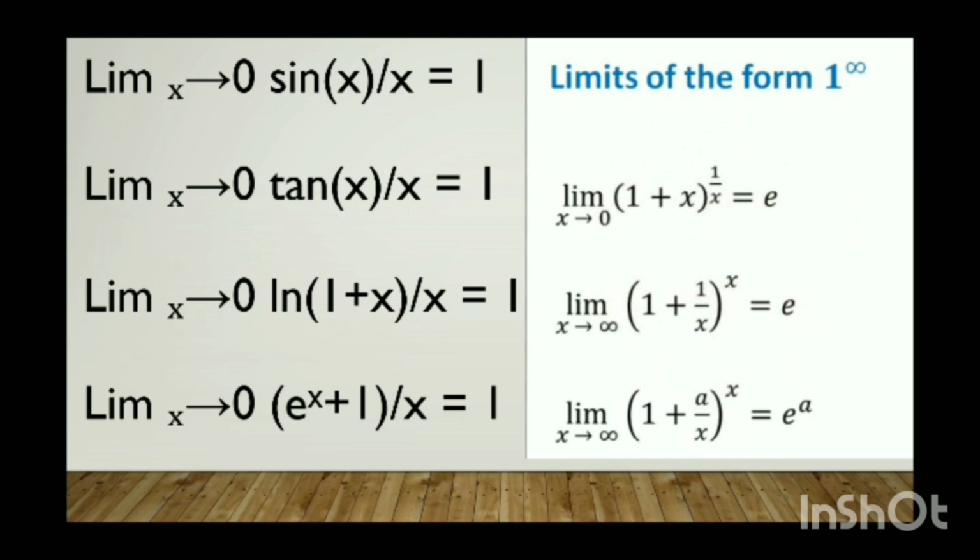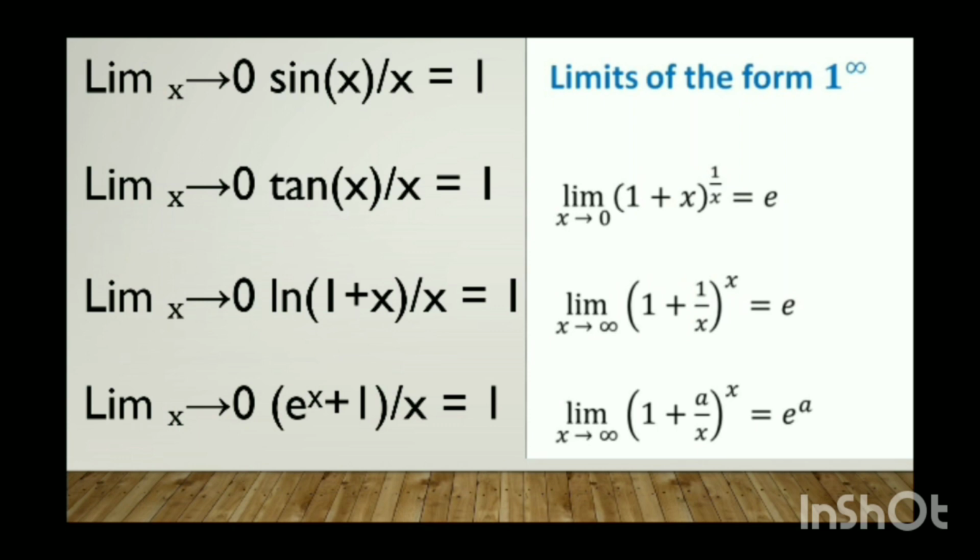Now the limits in the form of 1 raised to the power of infinity. We have the limit as x tends to 0 of 1 plus x, all raised to the power of 1 on x. As x tends to 0, by direct substitution, we have 1 plus 0, which is 1.